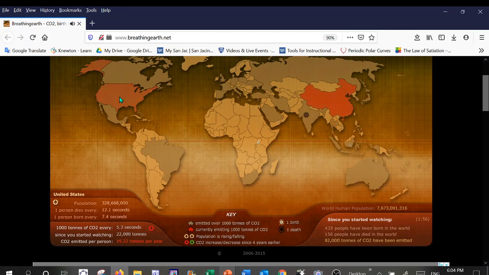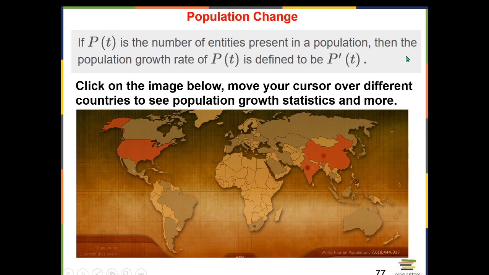I'm not sure if this includes the coronavirus deaths recently or if this is older data. But for now, the population of the world right now is about 7.6 billion people. So it's an interesting website. You can go over any country and find out the data about them. All right, so let me get out of here and go back.